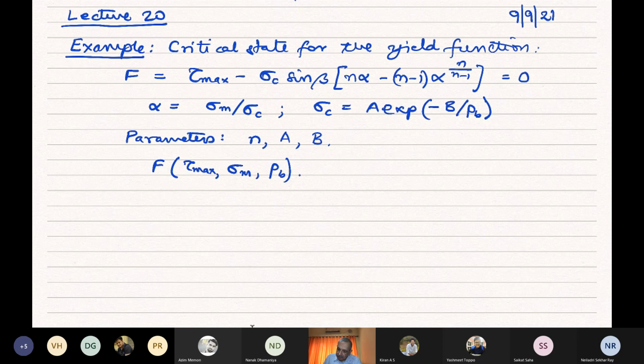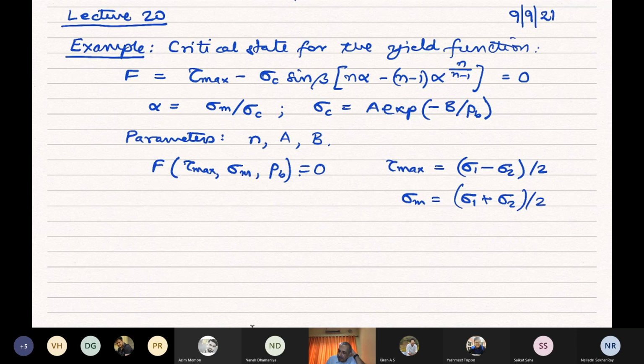But we know what tau max is. Tau max is nothing but sigma 1 minus sigma 2 divided by 2, where sigma 1 is the maximum principal normal stress, sigma 2 is the minimum normal stress, and sigma m is just equal to sigma 1 plus sigma 2 divided by 2.